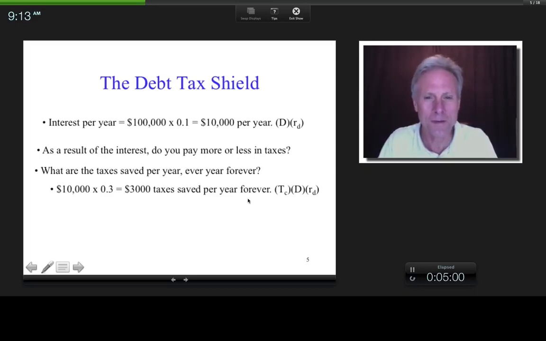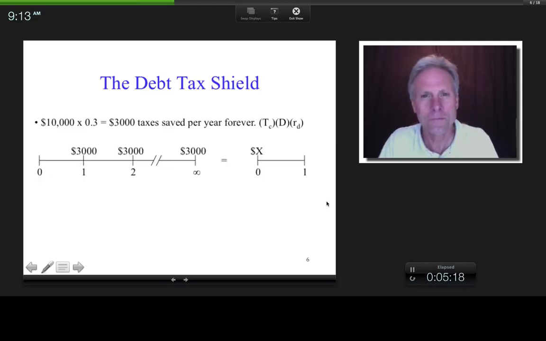So at this point, if we use symbols, we've got the D times RD, that was the $10,000 of interest. Now we multiply it by the tax rate, and so that's how much you're saving. And that's how much you're saving every year forever, because we've assumed what? We've assumed perpetual debt. So if we draw this and see what it looks like, here we have it time 1, 3,000, time 2, basically going on forever. This is what we save in taxes.